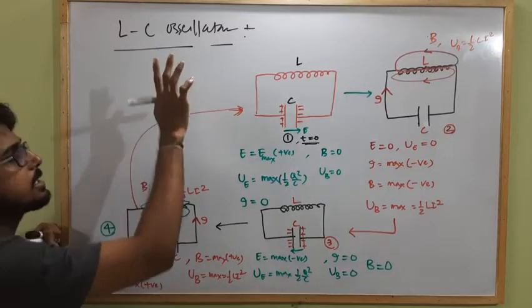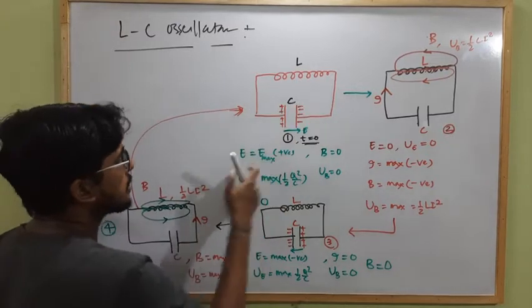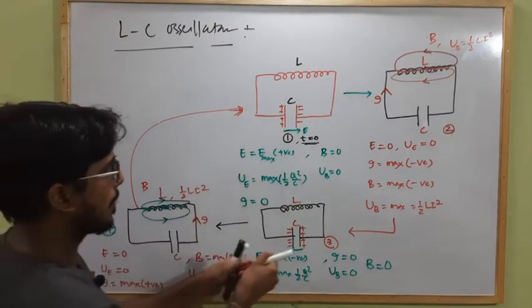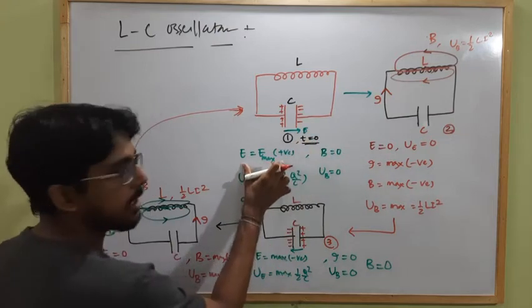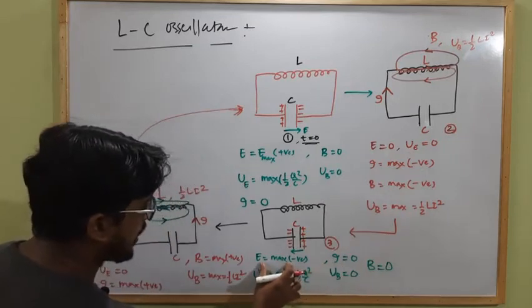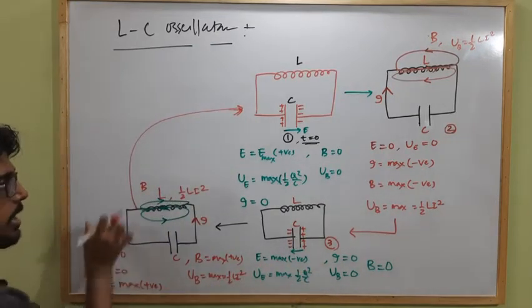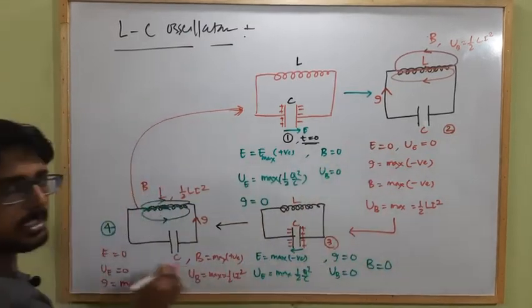Why is it known as an LC oscillator? Because as we see here, the electric field at t equal to 0 initially is maximum in positive, then it becomes 0, then maximum in negative, then again 0, then positive. That means the electric field is oscillating.